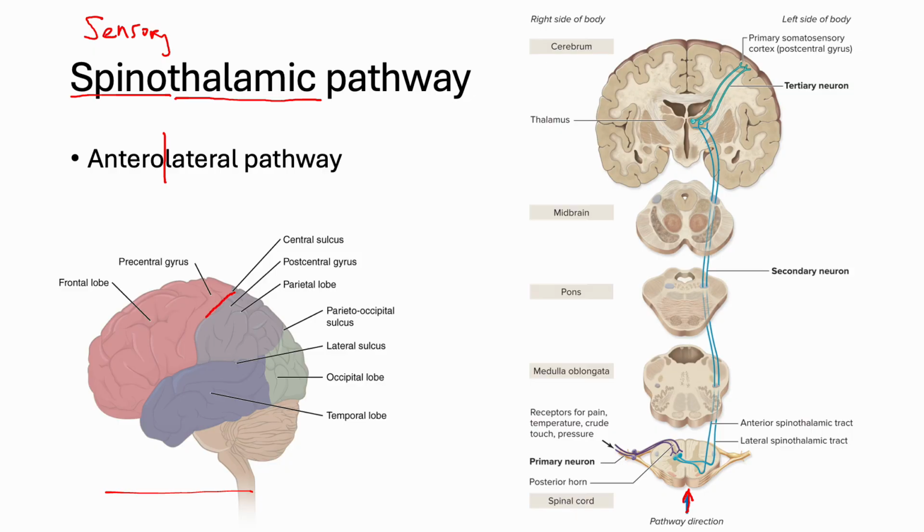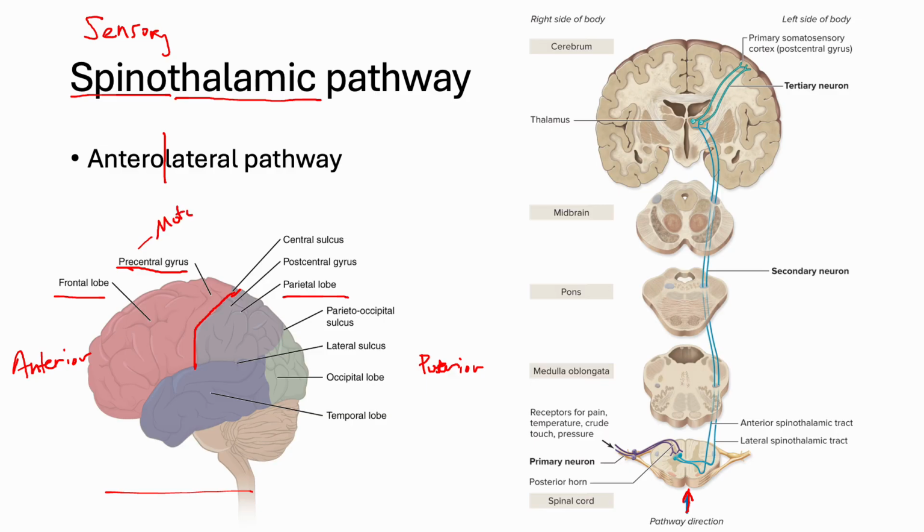So we have this central sulcus, right? That's the division between the frontal lobe and the parietal lobe. So this is anterior, and then this would be posterior. Just on the posterior side of the frontal lobe, we have something called the precentral gyrus, and this is important in our motor.